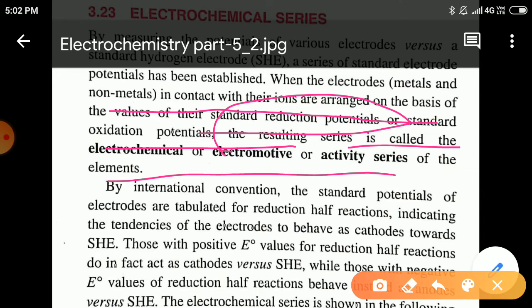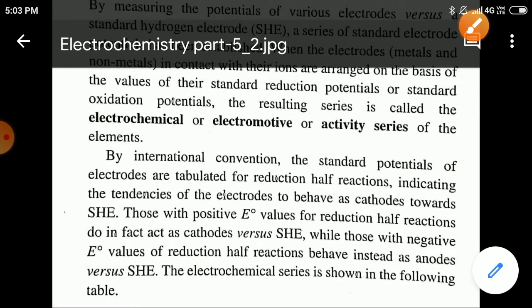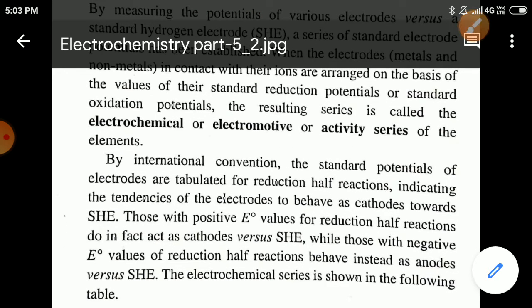In brief, we can say that a series in which chemical species are arranged in increasing order of oxidizing character or decreasing order of reducing character, or vice versa, is known as the electrochemical series. By international convention, the standard potentials of electrodes are tabulated in the next figure. The reduction half cell indicates the tendency of the electrode to behave as a cathode towards the standard hydrogen electrode.